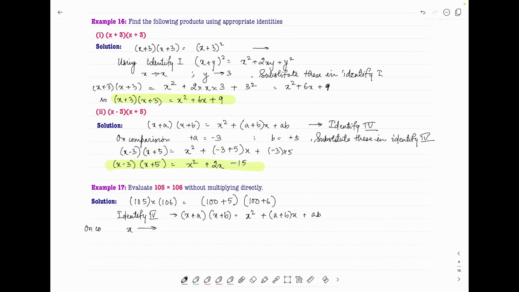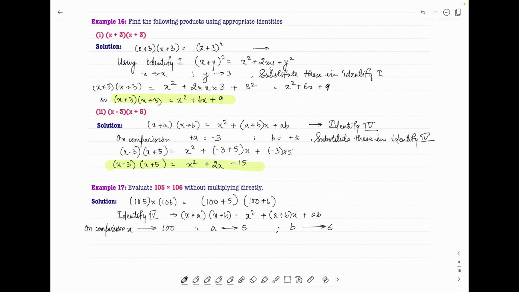On comparison, x is 100, a is 5 and b is 6. When you compare x plus a into x plus b with 100 plus 5 and 100 plus 6, x is the common term, which is 100.